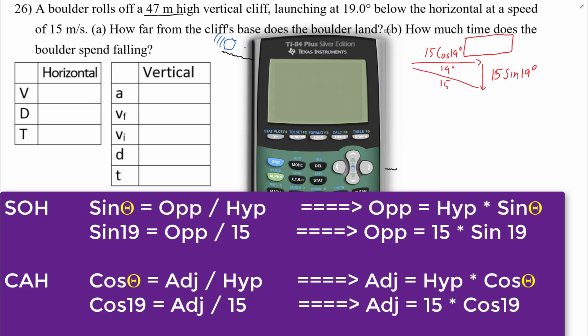Okay, so the sine 19 degrees times the hypotenuse will be the length of that side. And so we go 15 sine 19, and since we're going to do the cosine, before I even copy it down, I might as well do that. 15 cosine 19, because it'll be on the display here.